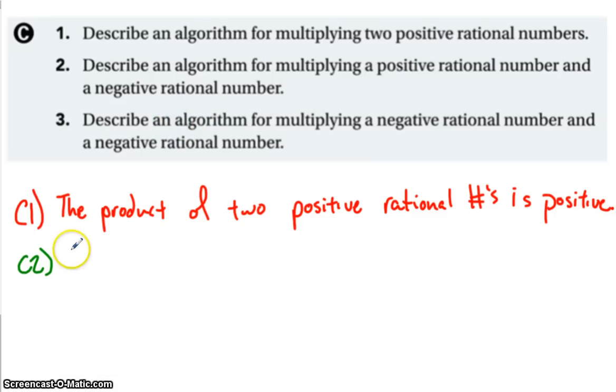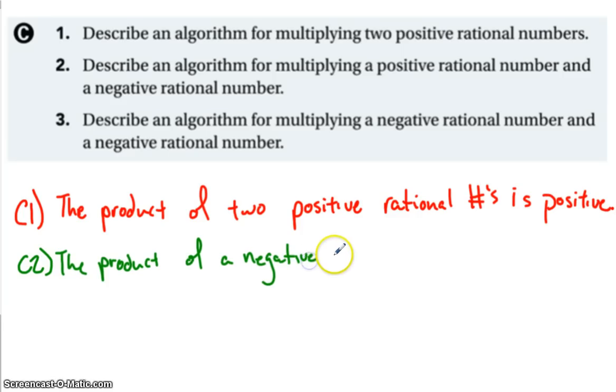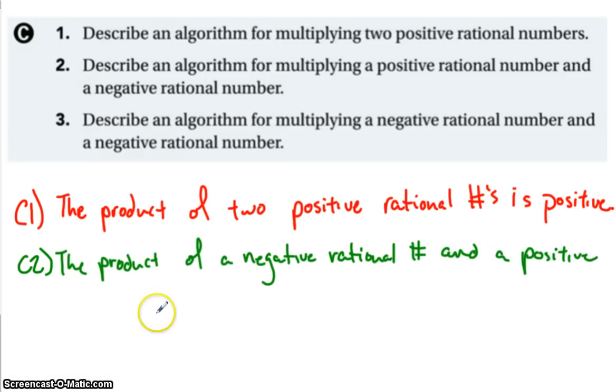All right, so again, we're going to just keep the same format and say that the product of a negative rational number and a positive rational number is what?